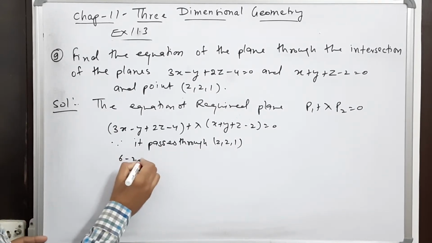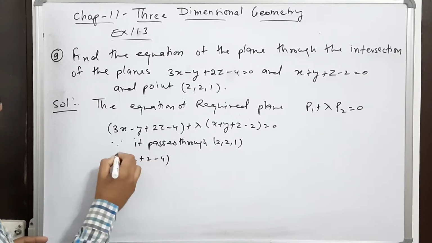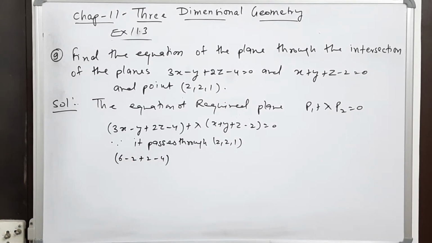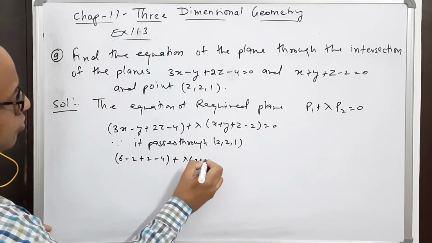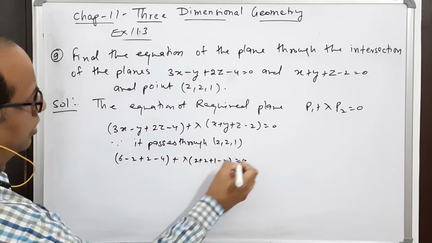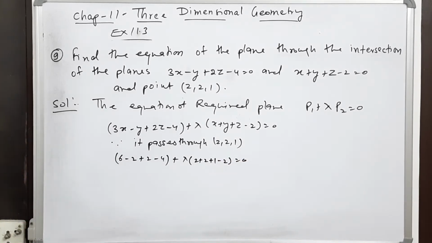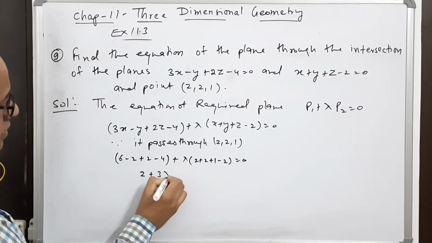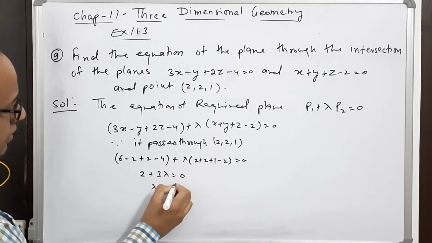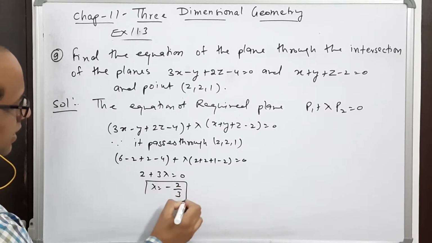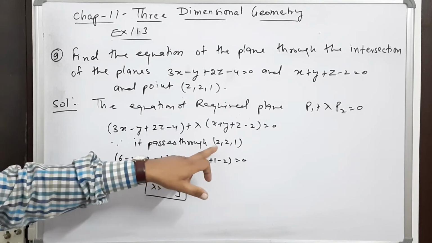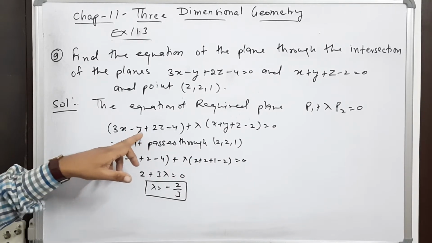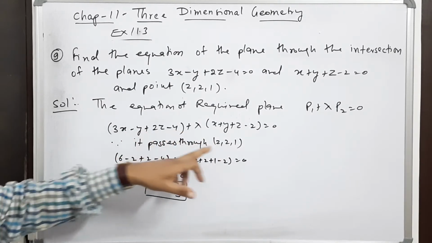It will be 6 minus 2 plus 2 minus 4, please see this part, and here plus lambda times (2 plus 2 plus 1 minus 2) equals 0. See this, so it is 2 plus 3 lambda equals 0. So the value of lambda is minus 2 by 3. In this way we have got the value of lambda. Again I am explaining, put 2 for x, 2 for y, 1 for z.